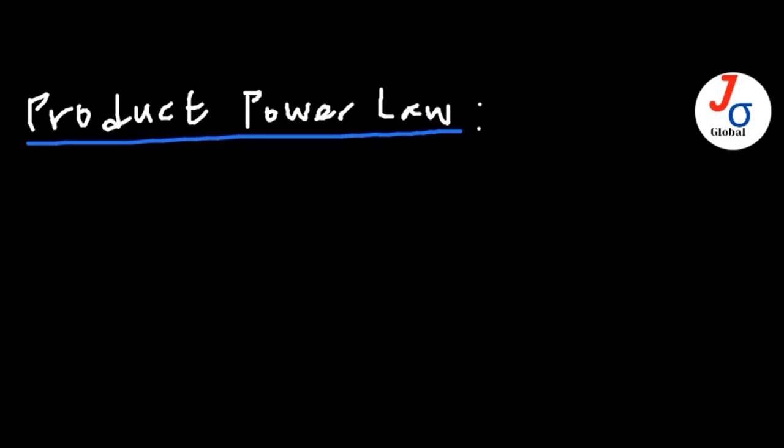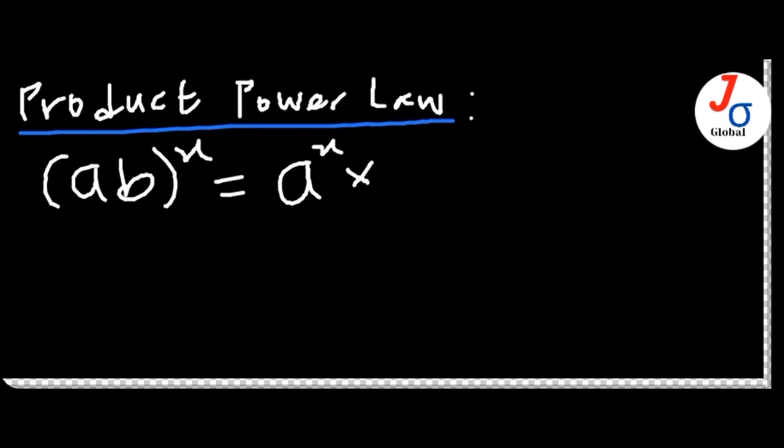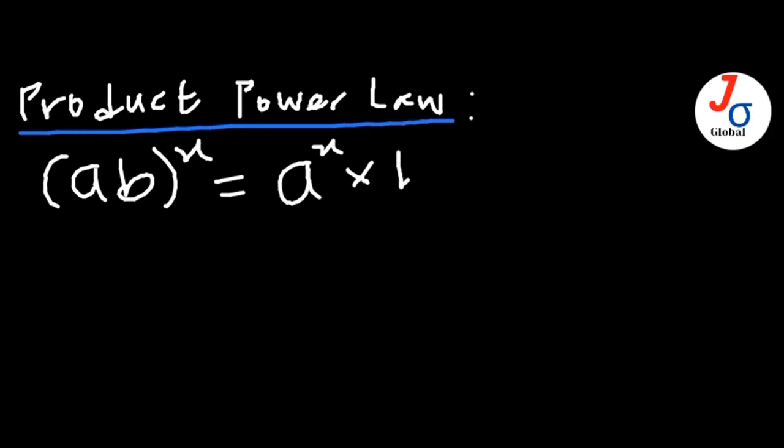Alright, the product power law. The product power law says that if AB is all raised to the power of x, then that must be equal to A raised to the power of x multiplied by B raised to the power of x.